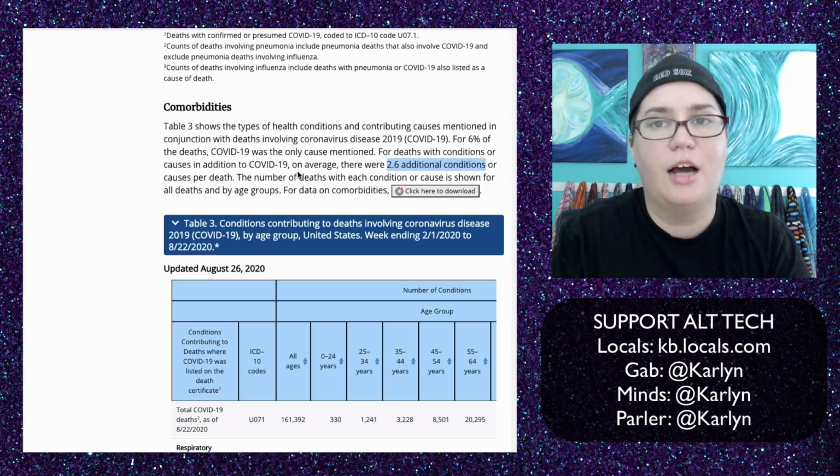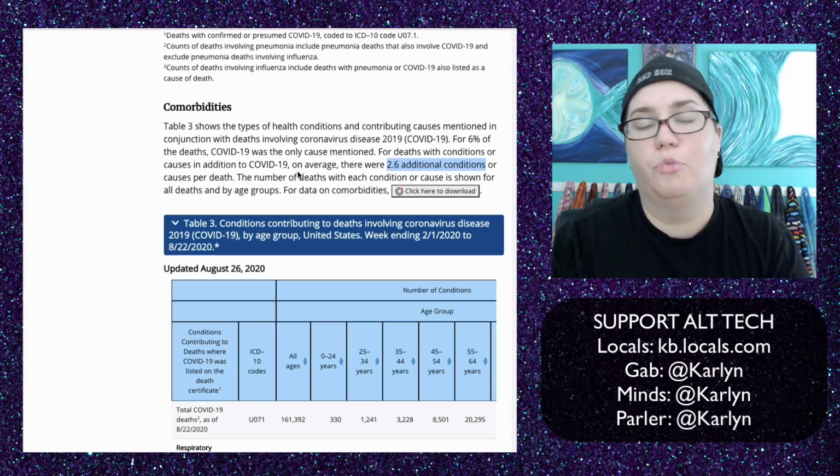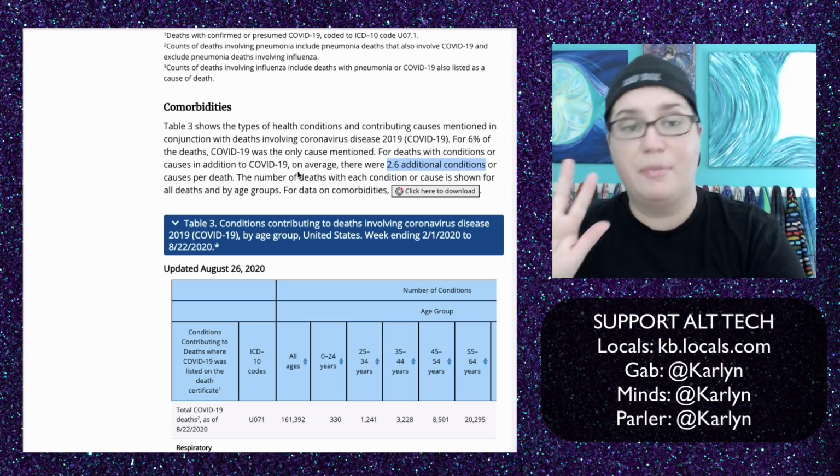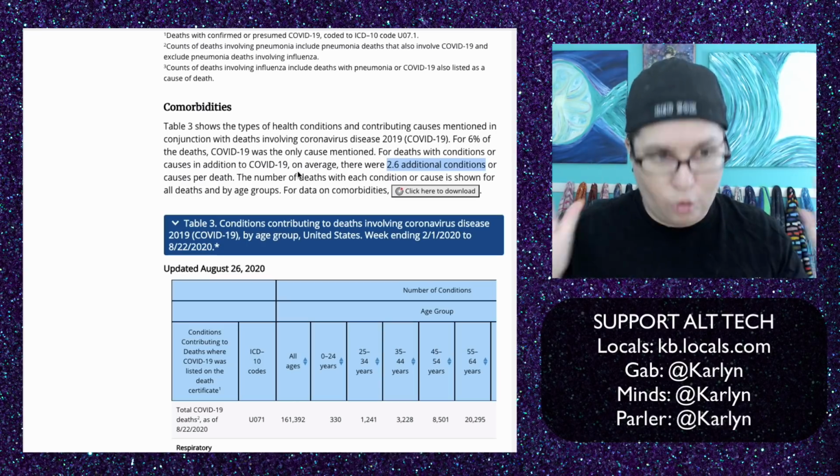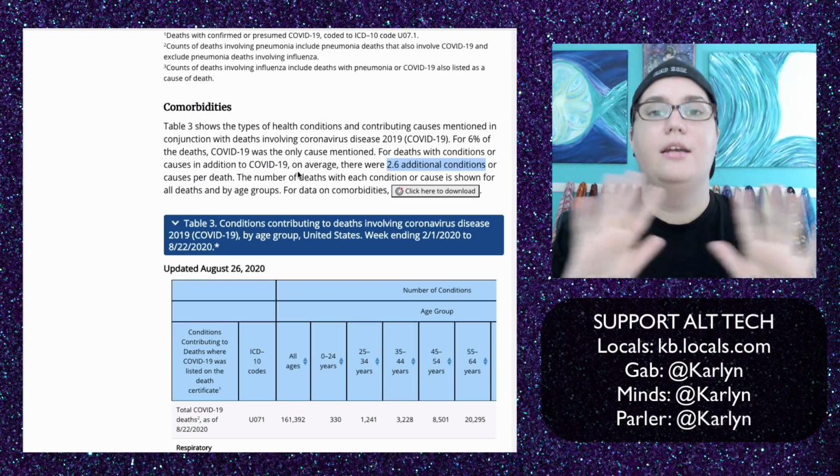94% of people, according to the CDC website, had on average 2.6 other conditions, and 92% of people were over the age of 54. Now, at the beginning of the pandemic, we didn't have this information. We didn't know.